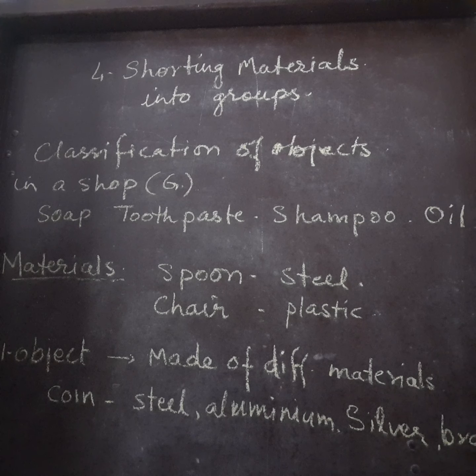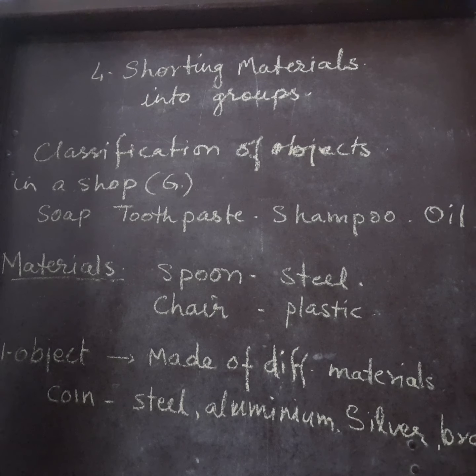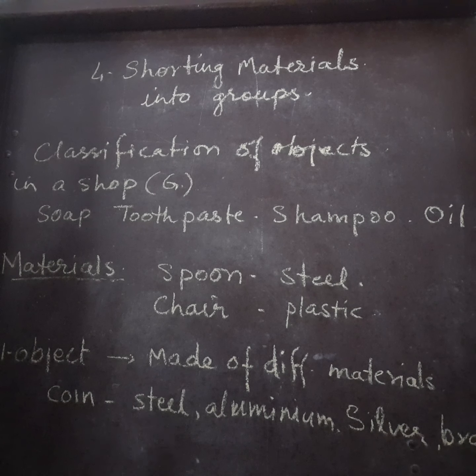You might be keeping your pencils, erasers all in a geometry box. Your mother might be keeping all the clothes properly at some specific place, either in almirah or wardrobe.